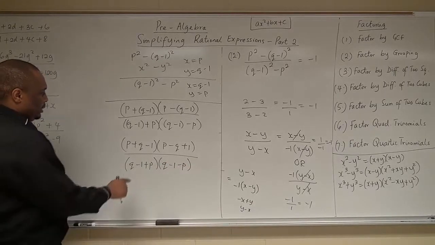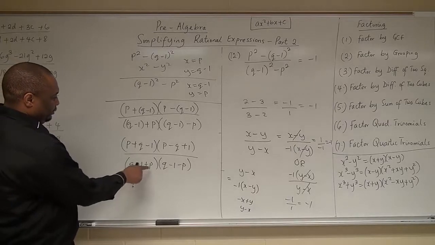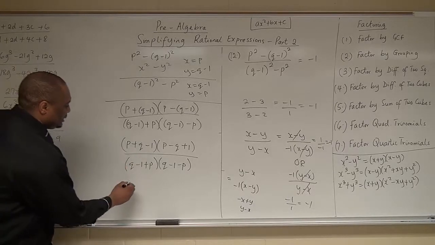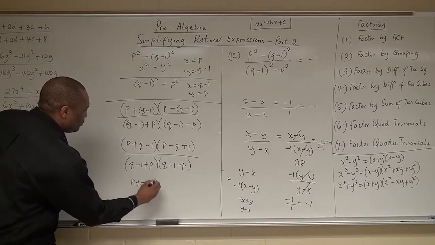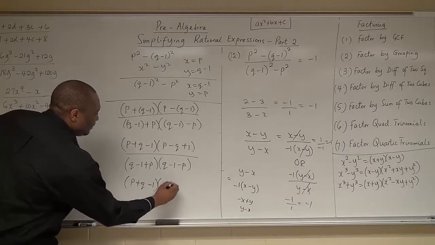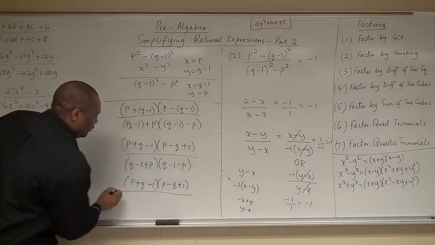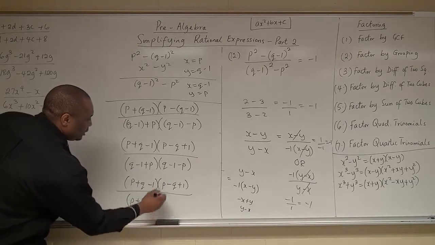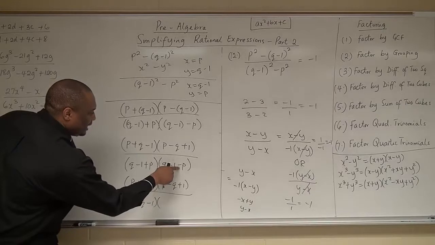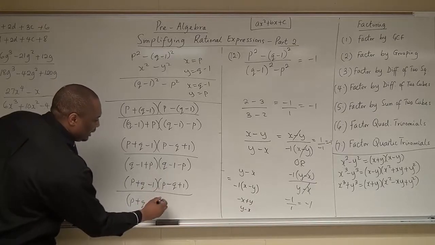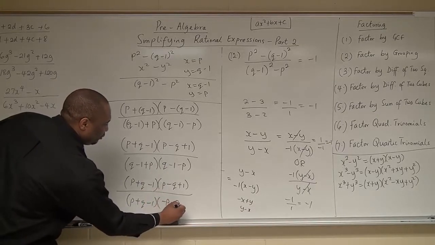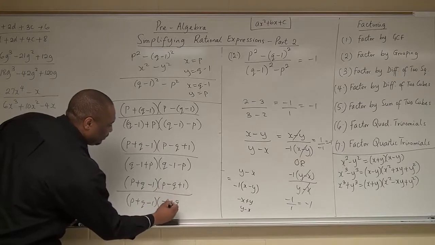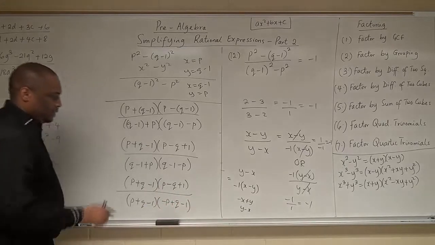So this is like saying p plus q minus 1, you know that, right? This is p plus q minus 1 times p minus q plus 1, all over p plus q minus 1 times, this is now what? Negative p plus q minus 1.